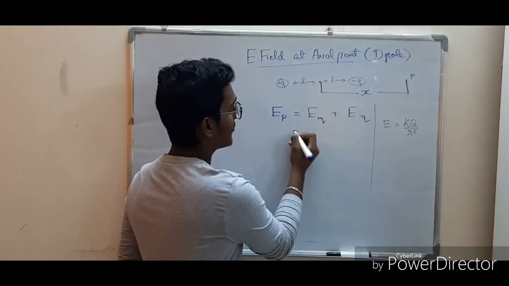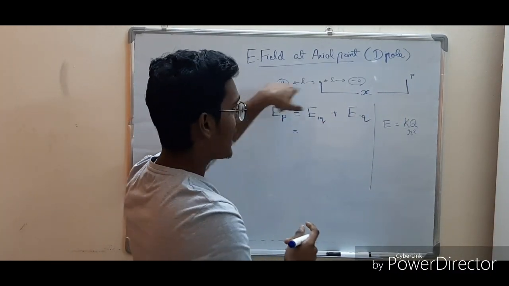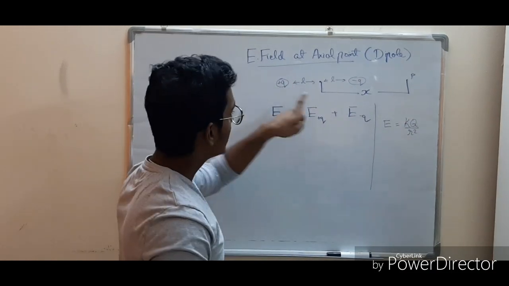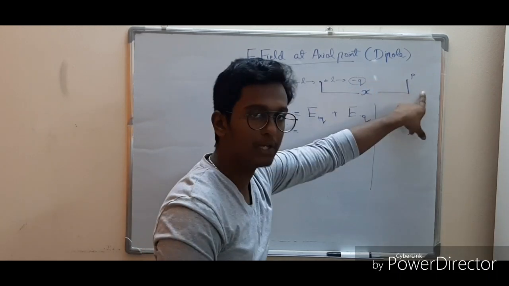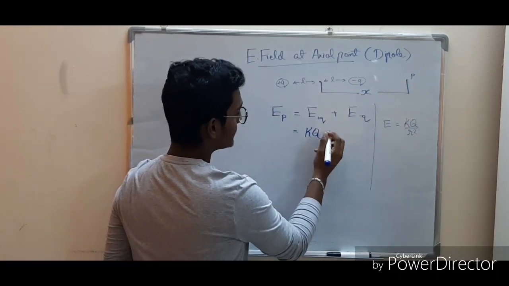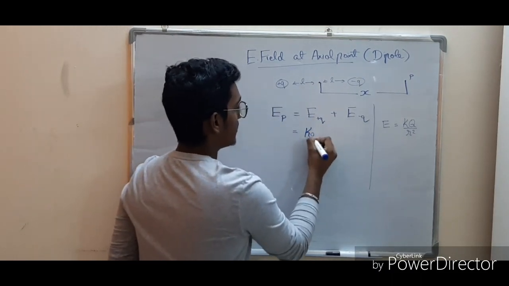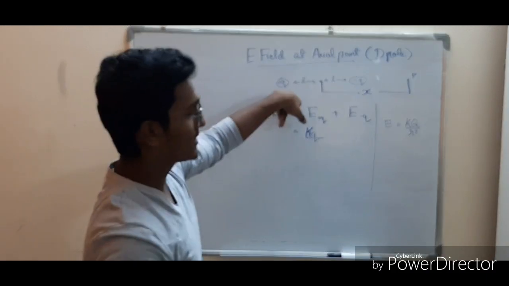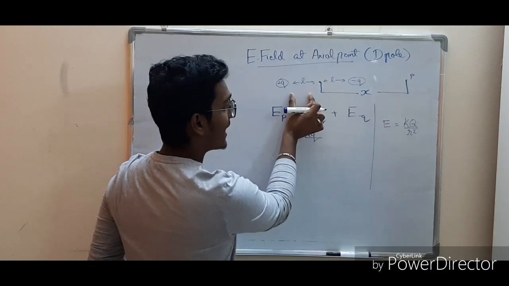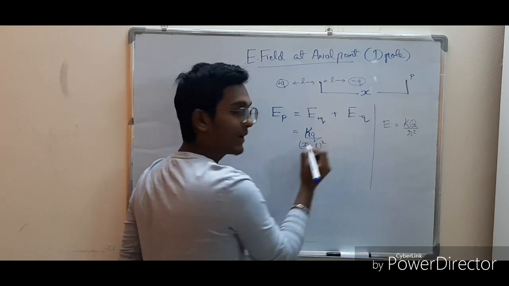What's going to be the electric field due to the positive charge at this point P? It's going to be k times q, divided by the distance between the point P and this positive charge Q. It's x plus L. So it will be x plus L the whole square.